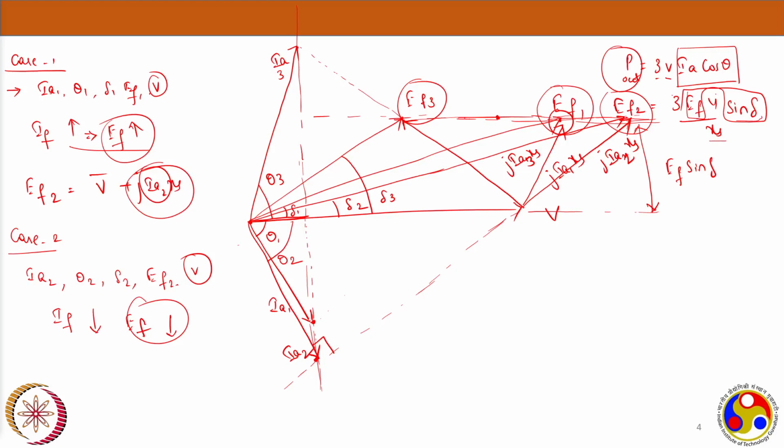So it's clear now. This is where my operating points would lie. Now for case 3, I have reduced it. My operating points are IA3, theta 3, delta 3, EF3, and V.